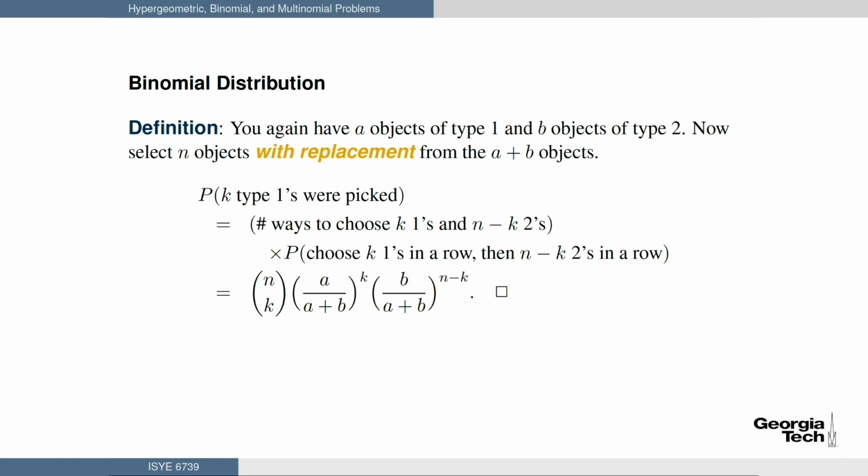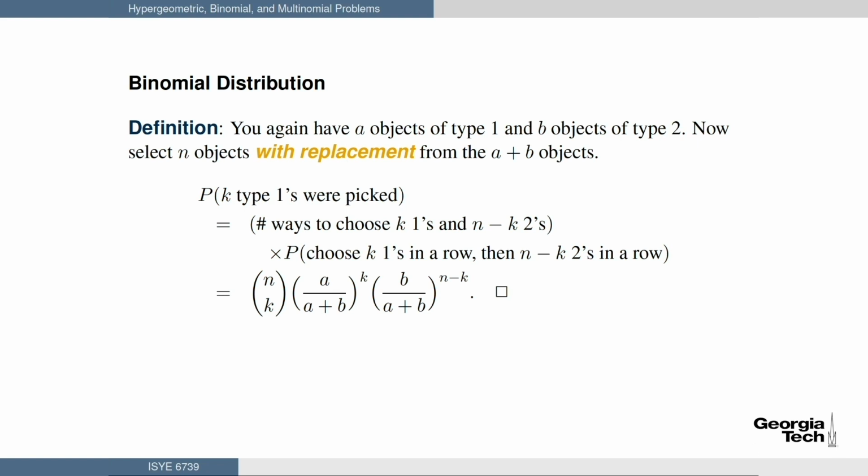Now, I'm repeating the experiment n times. So the probability of picking a type 1 in one experiment is A over A plus B, the number of type 1s divided by the number of anything. I do that K times, and so I get this term A over A plus B to the Kth power. Then I'm interested in picking n minus K type 2s in a row.